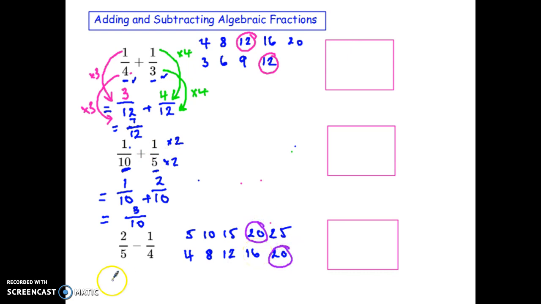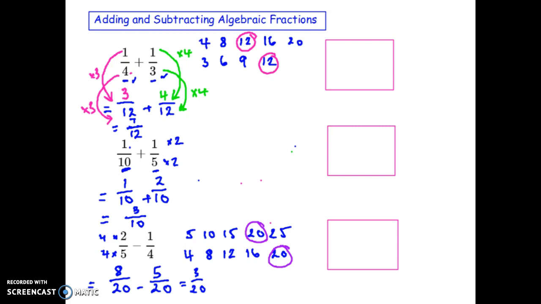So I'm going to change both of my denominators into a 20. To get 20 from my 5, I multiplied by 4. If I do it to the bottom, I also have to do it to the top, so I get an 8. For my second fraction, I've multiplied the 4 by 5 to get the 20, so I also multiply the top by 5. Now I've got 8 20ths, take away 5 20ths, I have 3 20ths as my final answer.